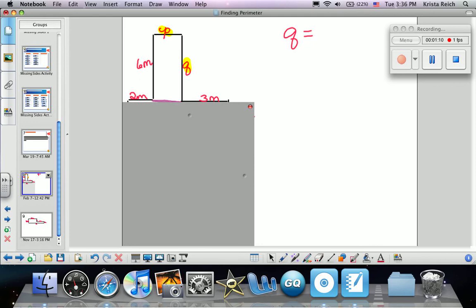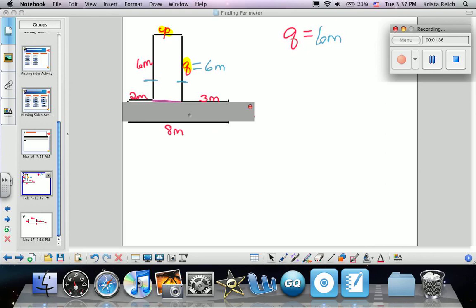Well, look at what it corresponds with. This side will correspond with this side. So Q is equal to its opposite side, which is 6 meters. Okay, so we just found our Q side, which is 6 meters.